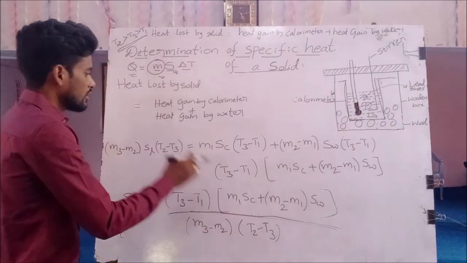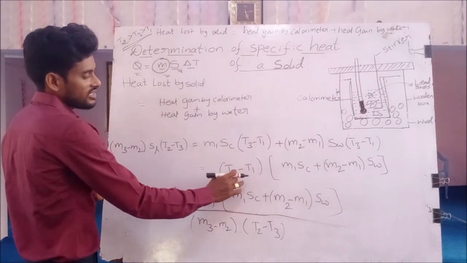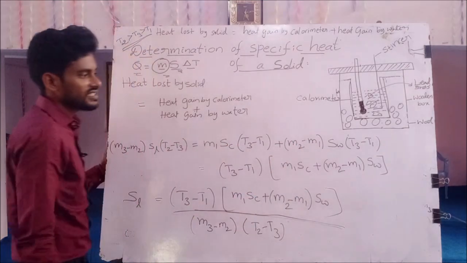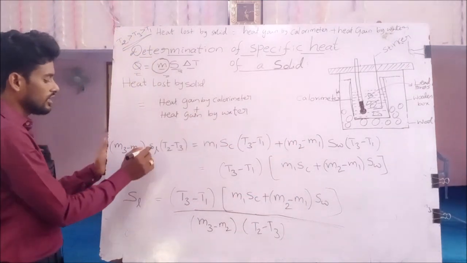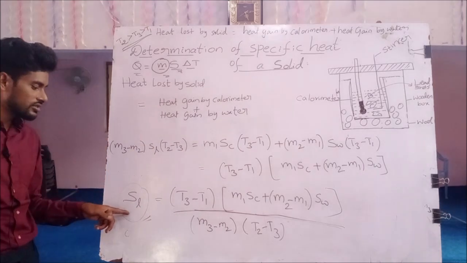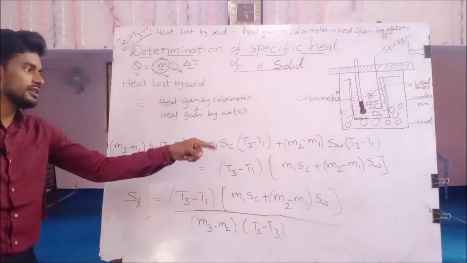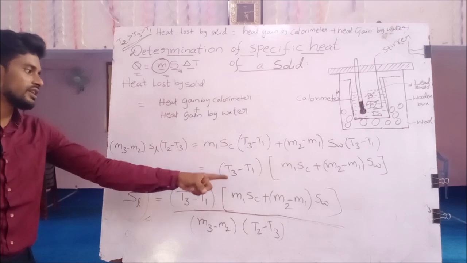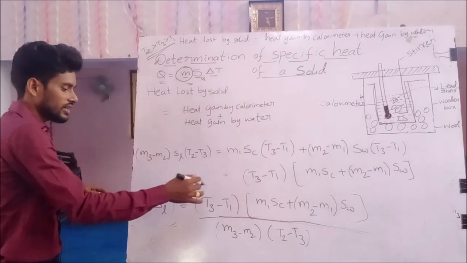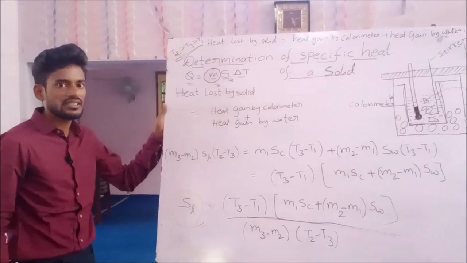Now take common T3 minus T1 times M1 SC plus M2 minus M1 SW. Now our only aim is to find the specific heat of lead shots: SL equals T3 minus T1 times M1 SC plus M2 minus M1 SW, divided by the product M3 minus M2 times T2 minus T3.